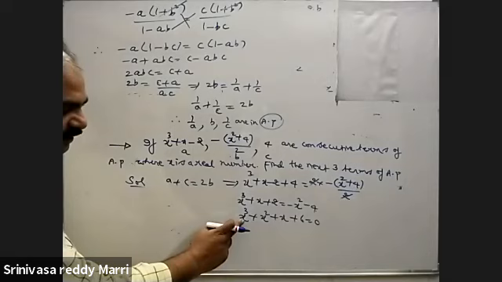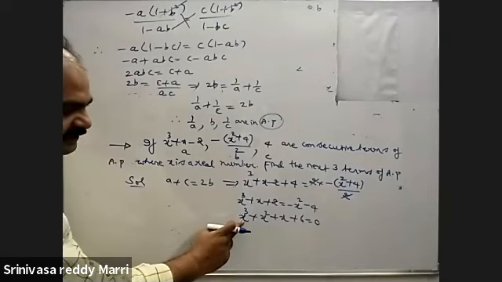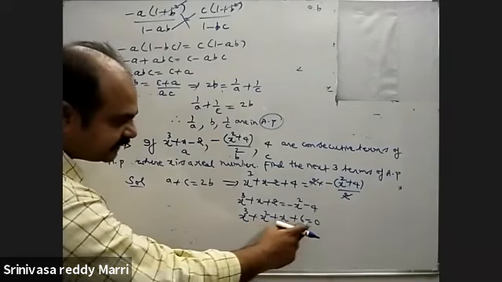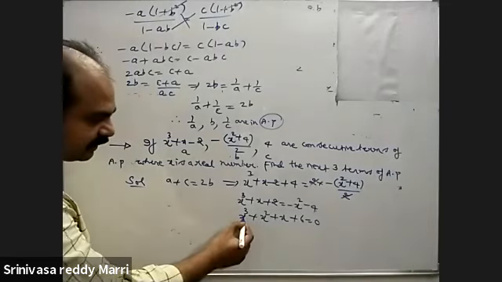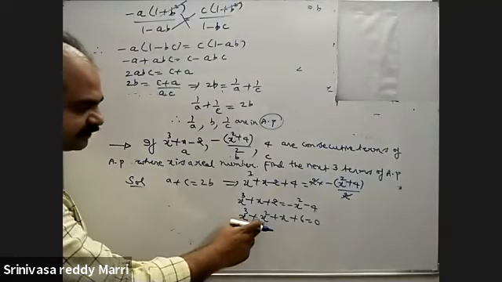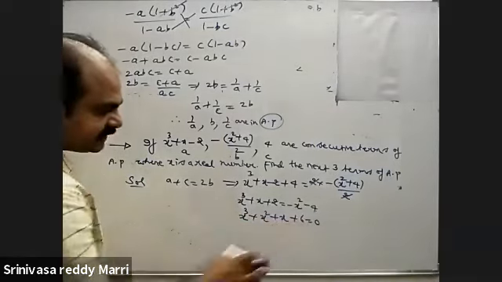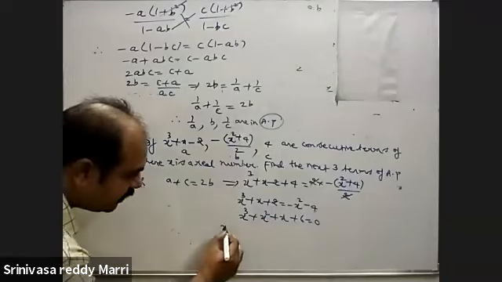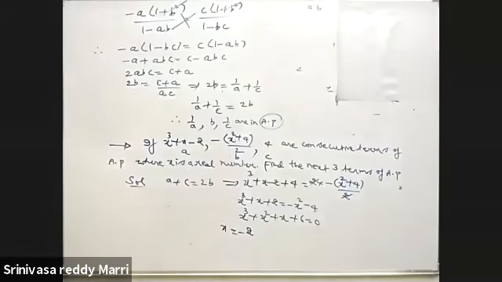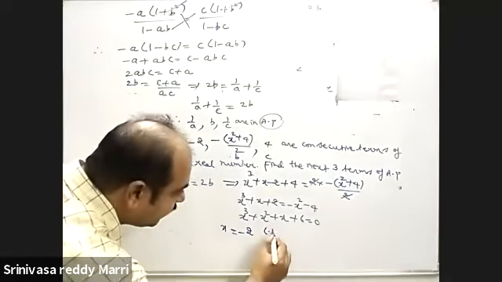Like that we will check 2 and minus 1. Minus 1 plus 1 minus 1 plus 6 will not become 0. If we substitute 2, 8 plus 4 plus 2 plus 6 will not become 0. Suppose we substitute x equal to minus 2.